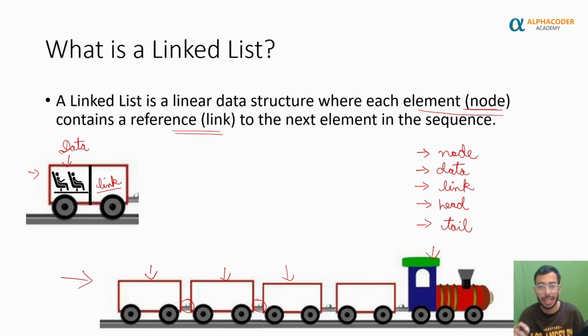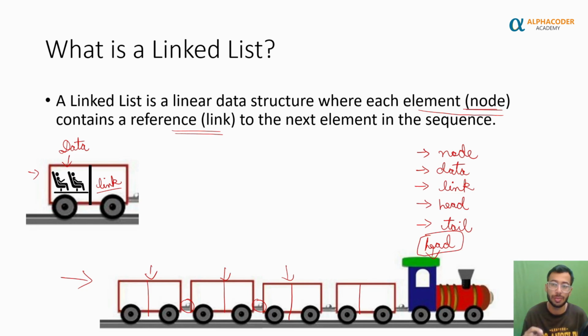Now in a linked list, the first node, or the starting point of the linked list, is also called the head. In the train, we can call the head the main engine that drives the train. And each compartment is divided into two parts. Now the head is the portion that will help us to locate the linked list.